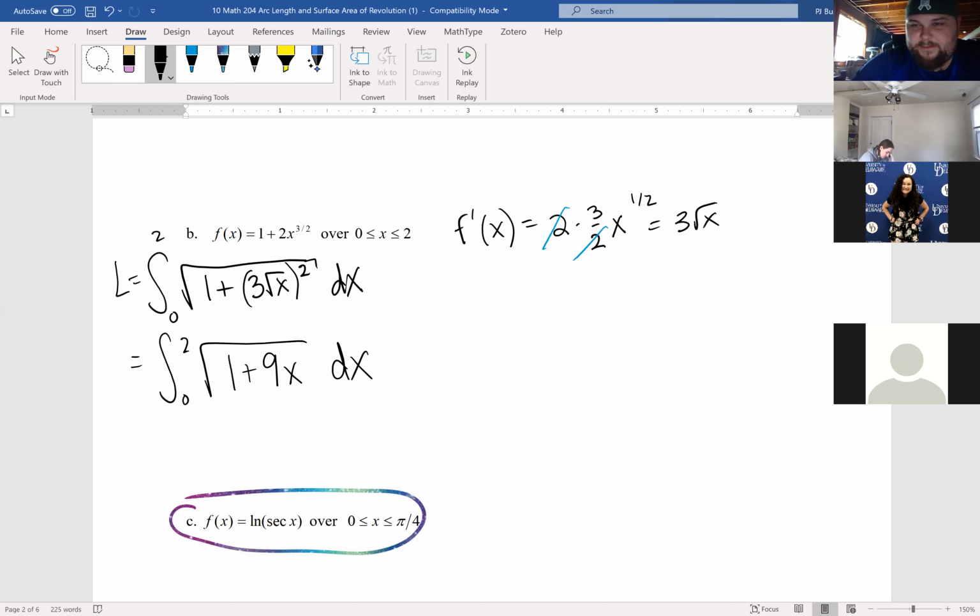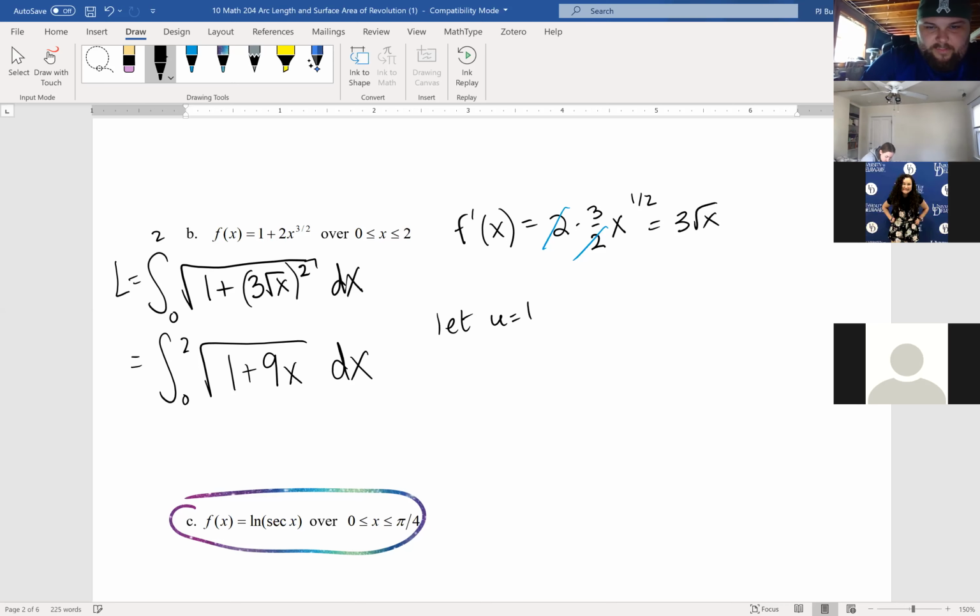How would I solve this integral? Could you let u equal 1 plus 9x? So it is just a u substitution.